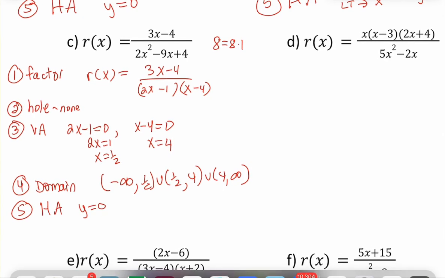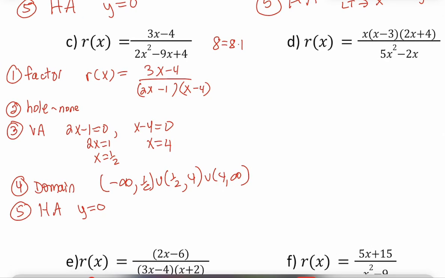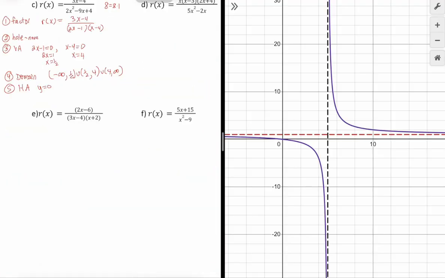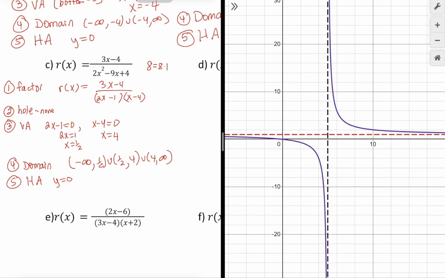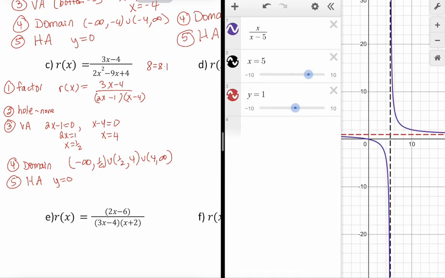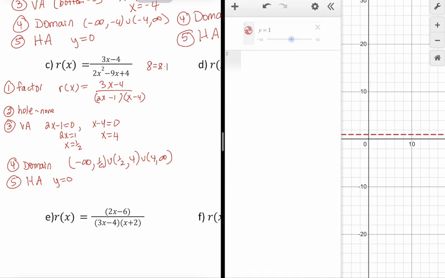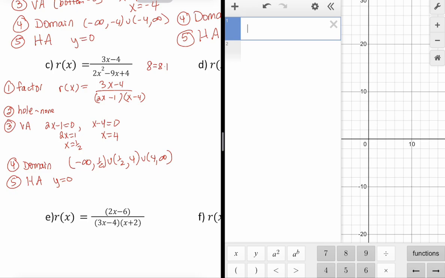How can we check our work? Good old Desmos is our friend. So if we plug in 3x minus 4, sorry, I have to put parentheses in.